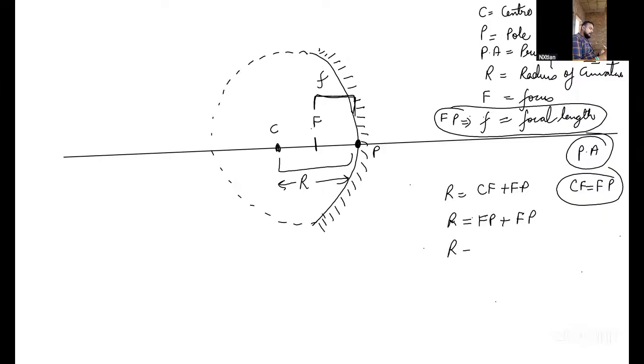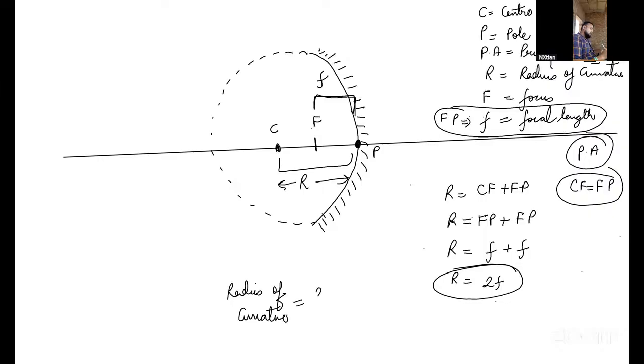So I can write small f plus small f. So the radius is equal to twice f. This means the radius of curvature is equal to 2 into the focal length.